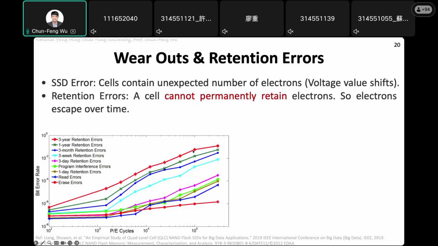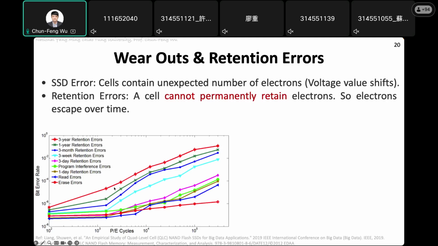The bit error rate will climb up to 10^-2. Okay, 10^-2 is super high. That means if you read any 100 bits, you will get 1 error inside. And usually 10^-2 cannot be corrected by ECC. So that will be a super big problem for this SSD.